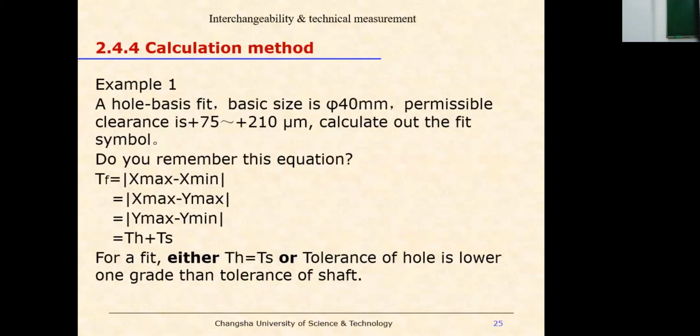Yes, you design the grade. I think you did this. Okay, how to do that?